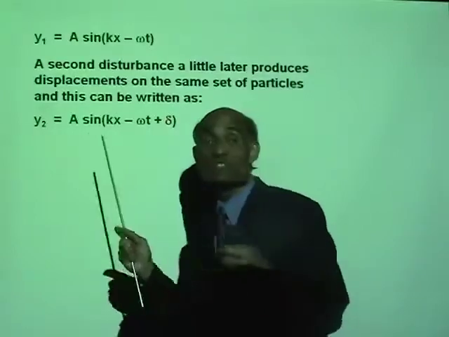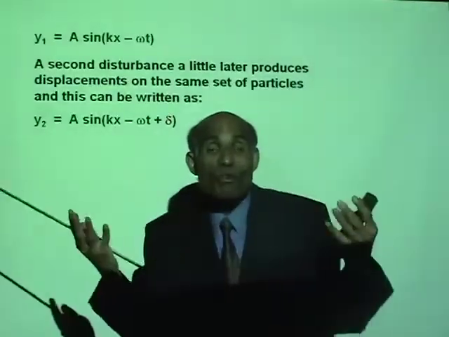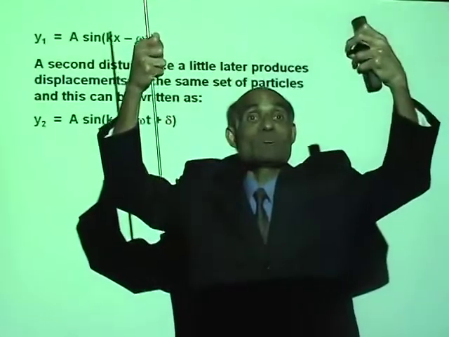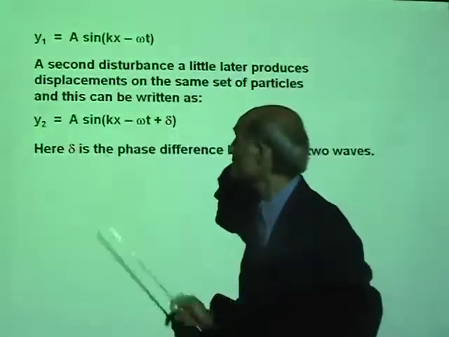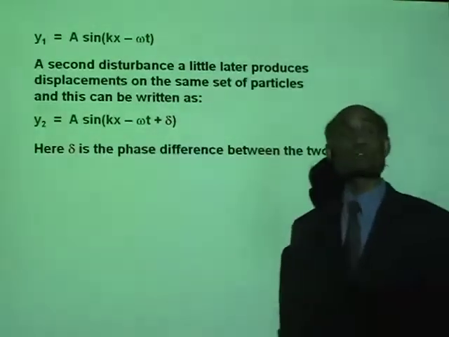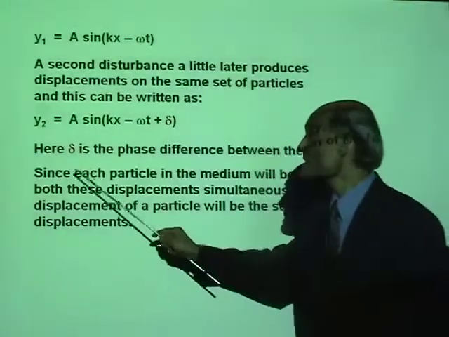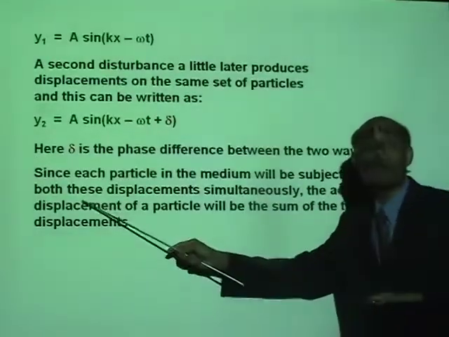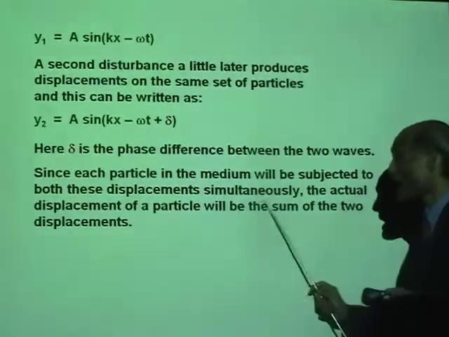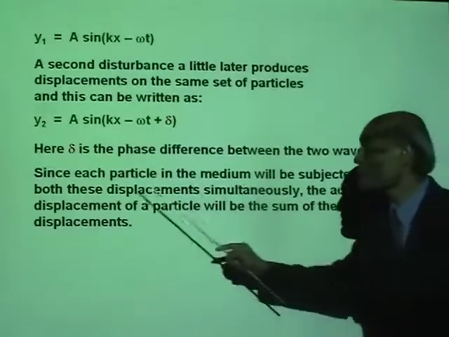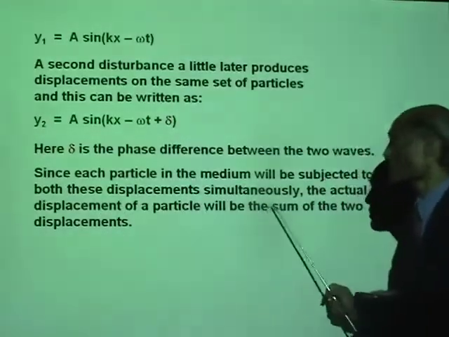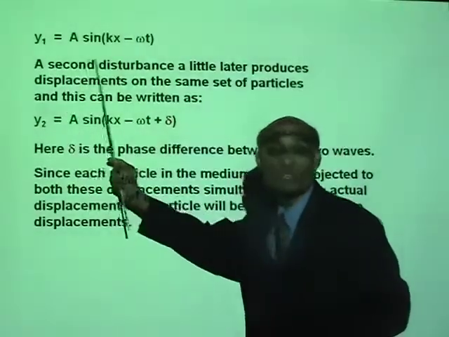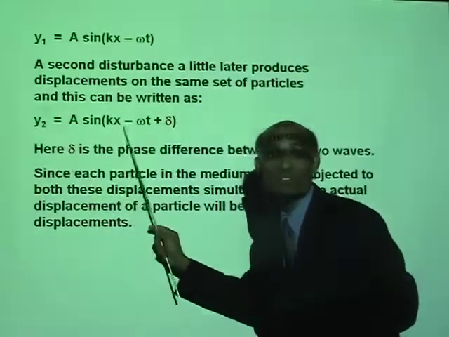If this delta is 0, that means there is no phase difference. They are in phase, which means you will get a bigger wave. Here, delta is the phase difference between the two waves. Since each particle in the medium will be subjected to both these displacements simultaneously, the actual displacement of a particle will be the sum of the displacement produced by this wave and this wave.